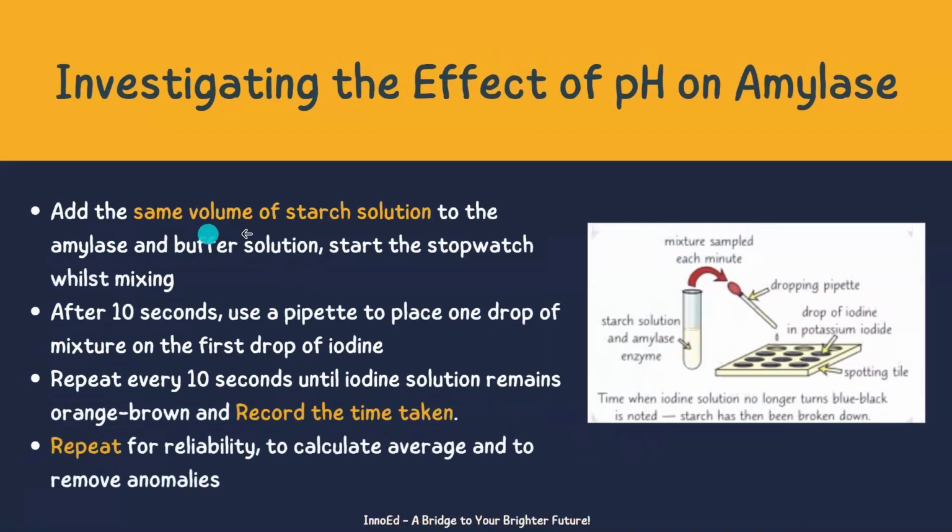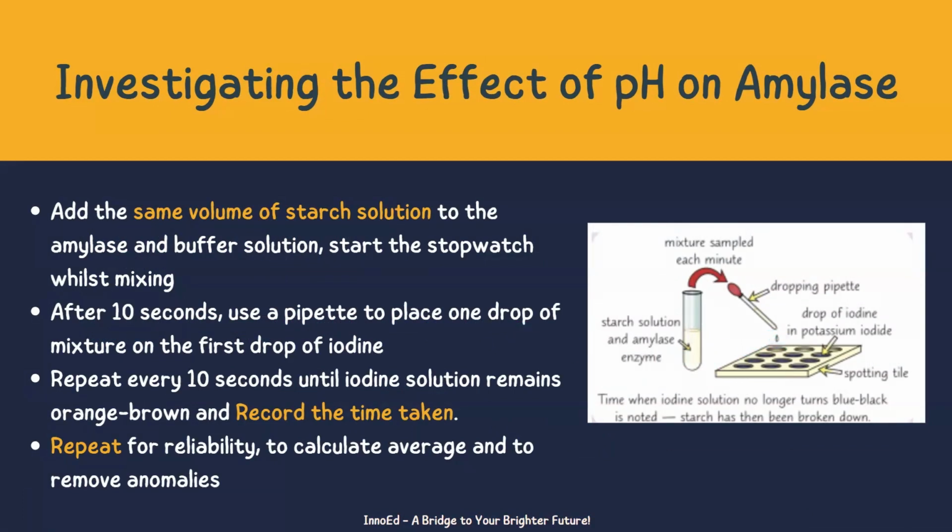And then add the same volume of starch solution to the amylase and buffer solution test tubes, which means they are mixed. So mix them very well and start the stopwatch. After 10 seconds, you use a pipette to place 1 drop of that mixture onto the first drop of iodine here.